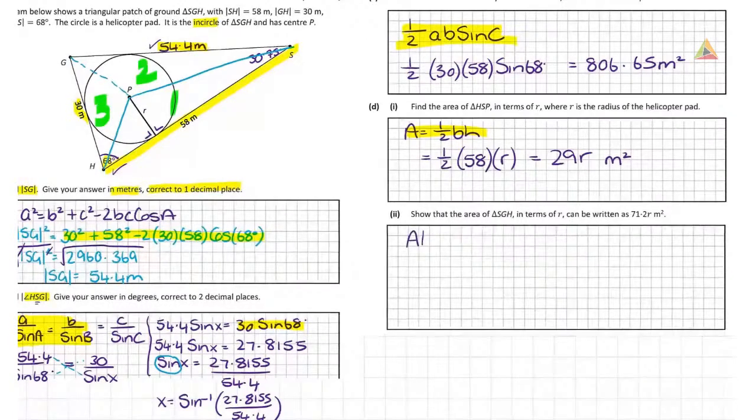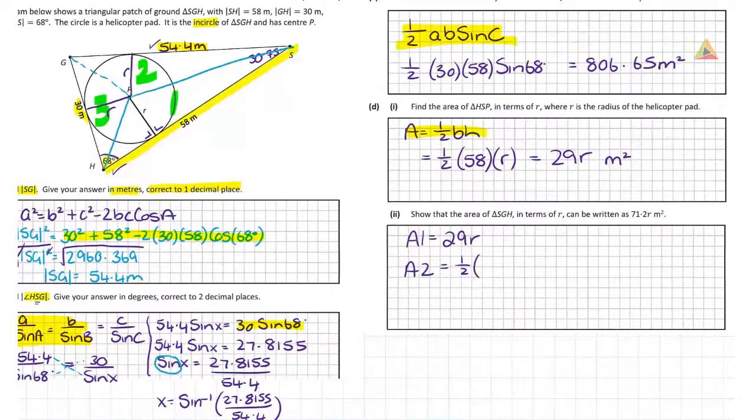So my area 1, we've just worked out, is 29R. My area 2, so that's the top triangle up here. If you like, let's just put in another radius here. So that's also going to be R, because the radius of the circle is going to be the same, no matter what point on the circle you go to. So for area 2, it's going to be half the base by the height.